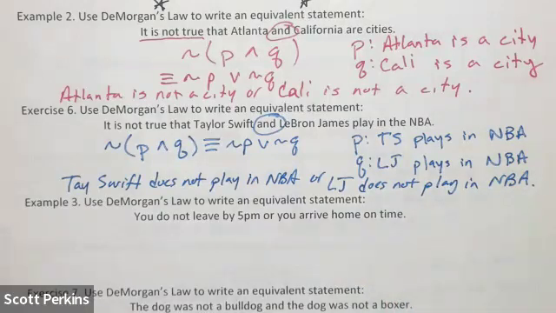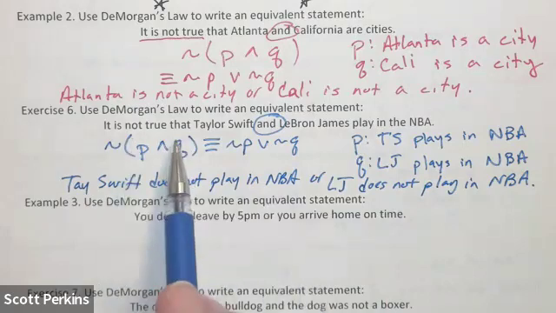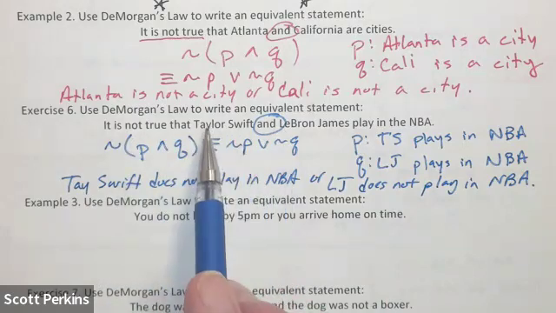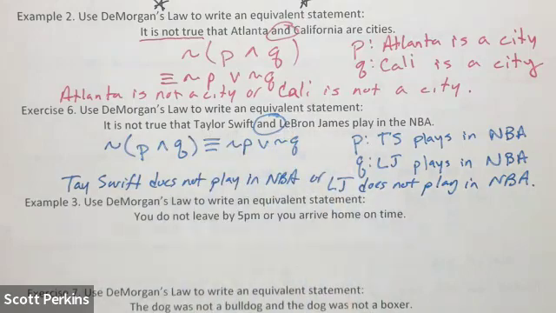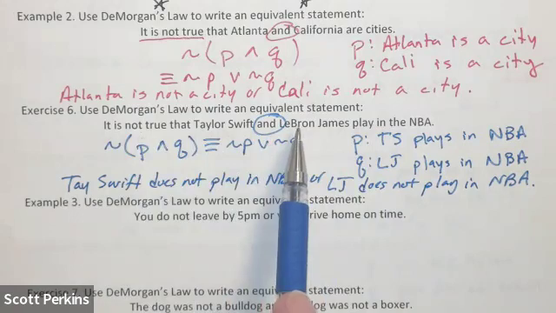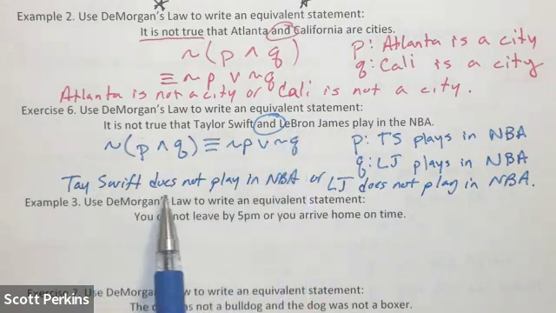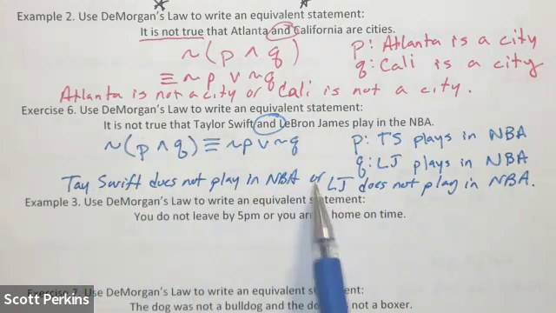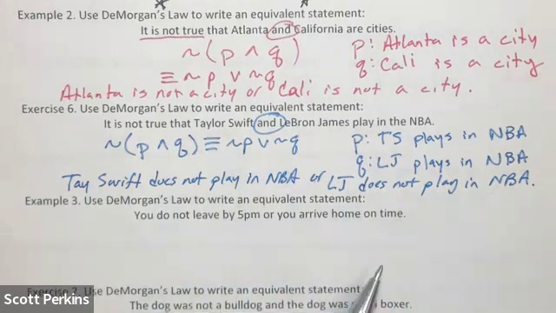And there we go. Those two things saying it is not true that both of them play in the NBA, which we know is a true statement. They both do not play in the NBA. And so this is equivalent. Taylor Swift does not play or LeBron James does not play. One of those two things is true.